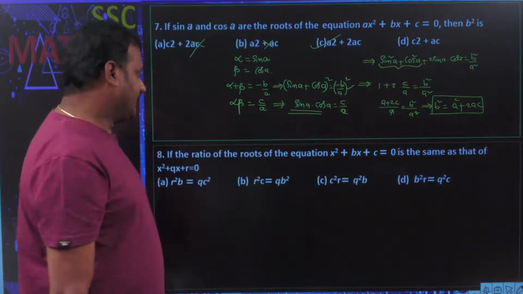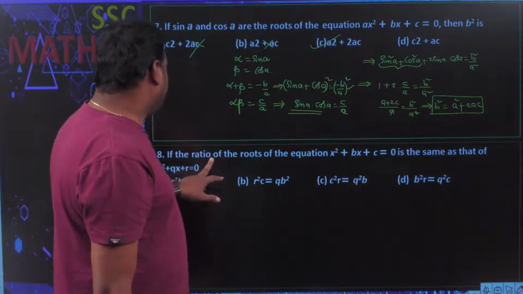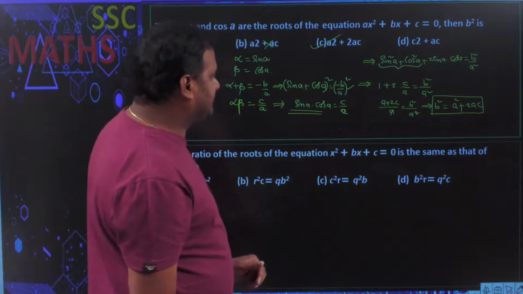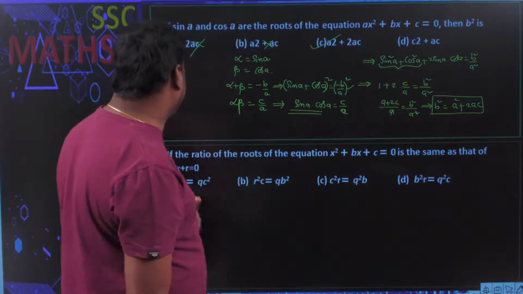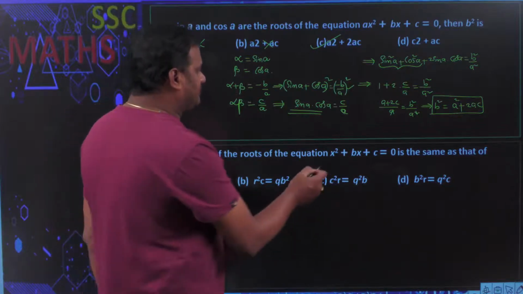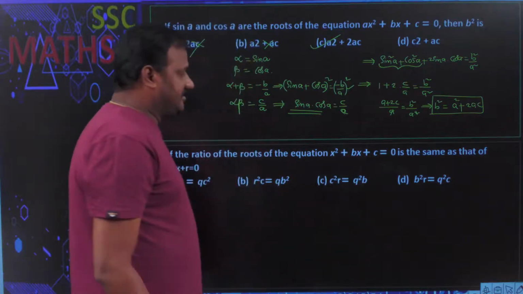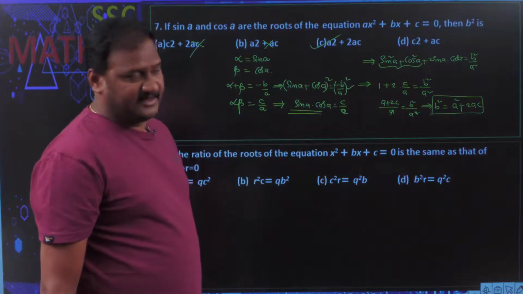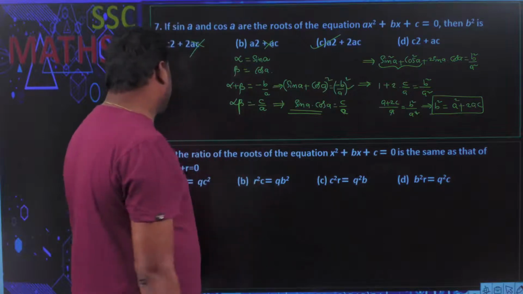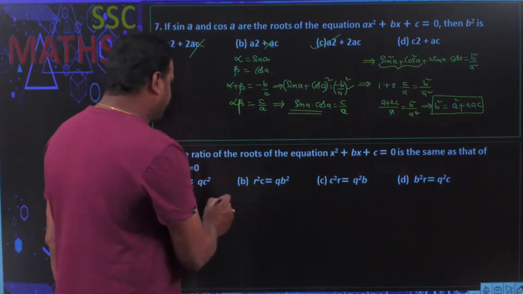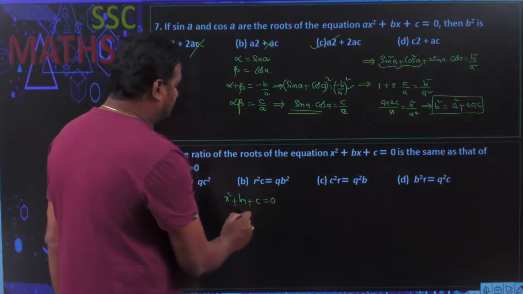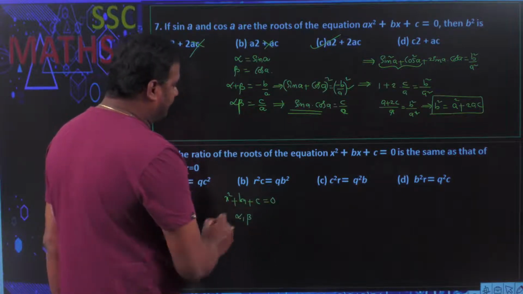You understand? Right. If the ratio of the roots of the equation x square plus bx plus c equal to 0 is the same as that of x square plus qx plus r equal to 0. For x square plus bx plus c is equal to 0, the roots are, for example, alpha and beta.